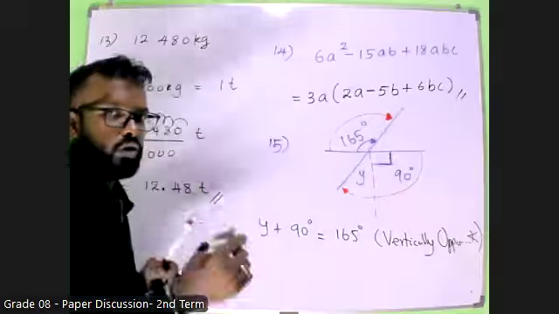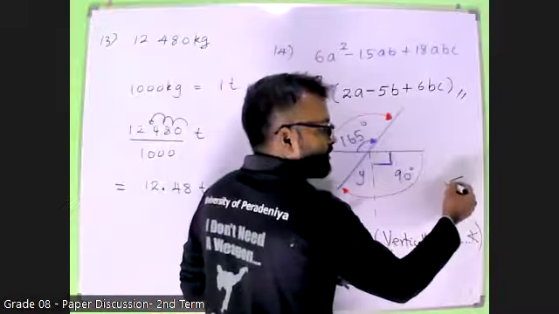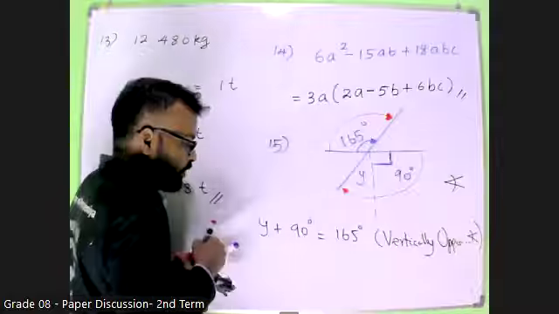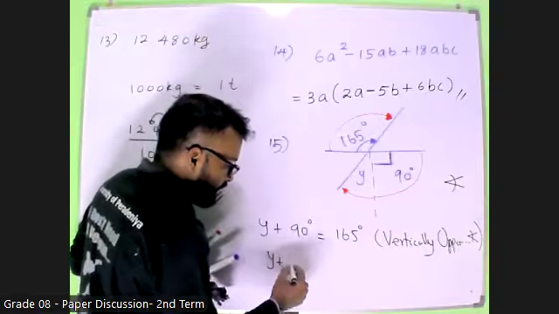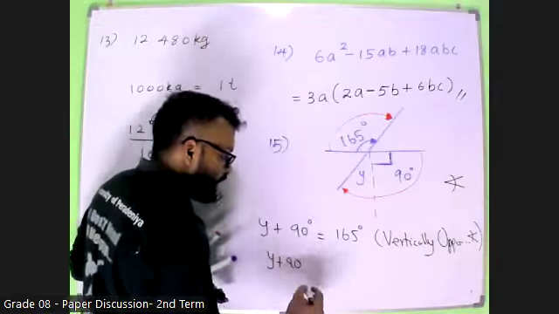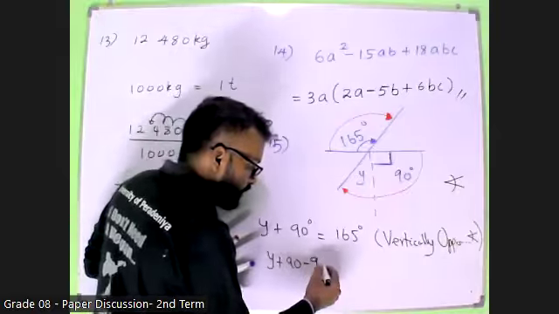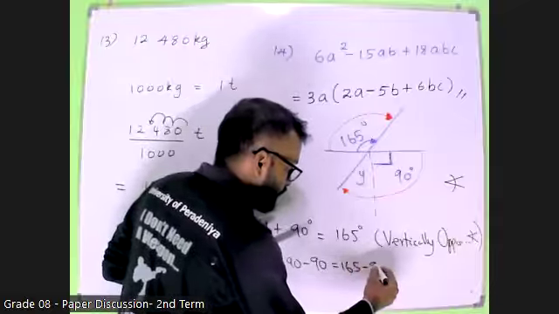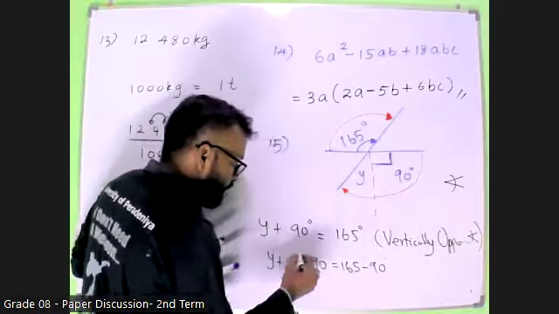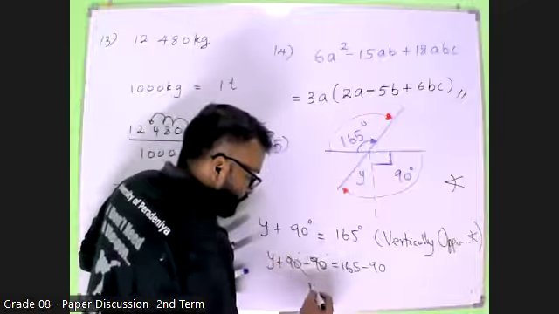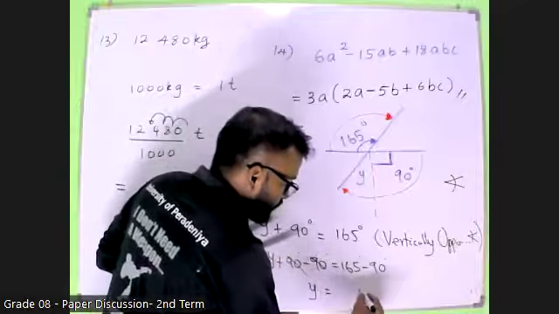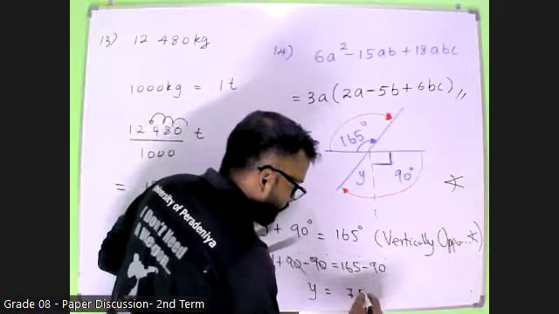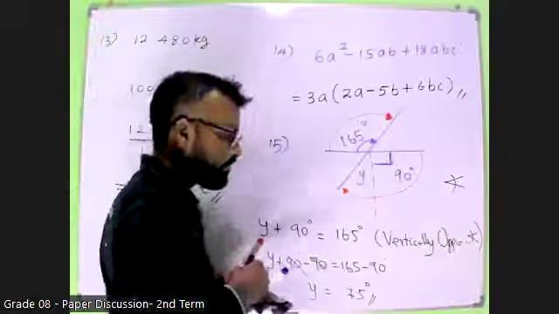The shortest way that you need to write is this. So you can find y plus 90. If you want to remove plus 90, you can subtract 90 from both sides. Cancel out, y equals 165 minus 90, 75. Y will be 75 degrees.